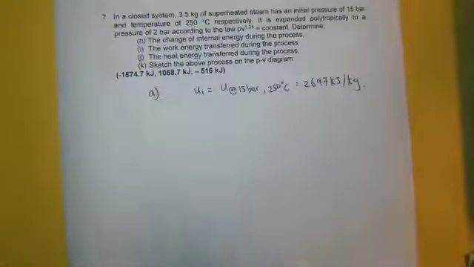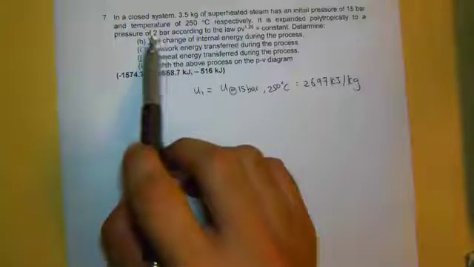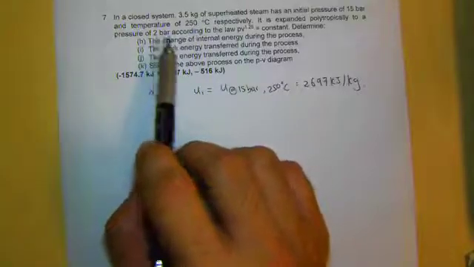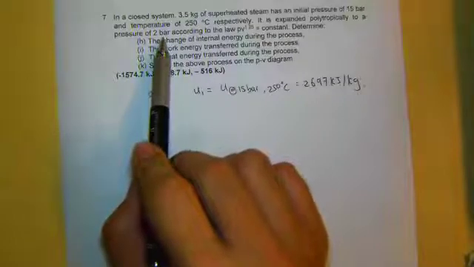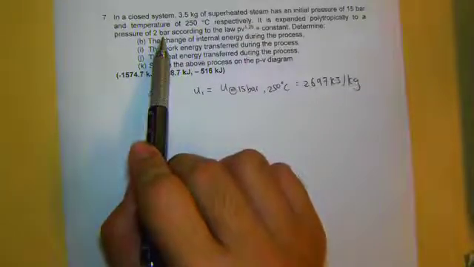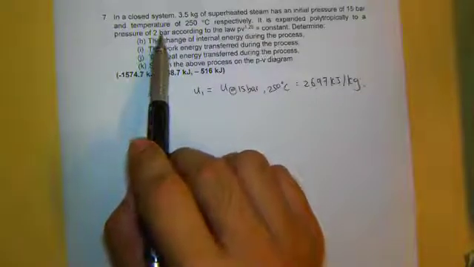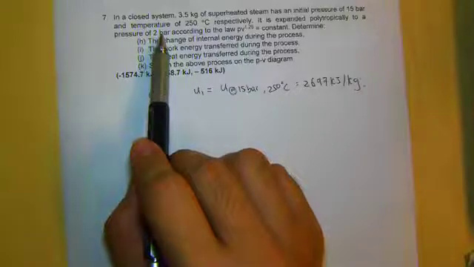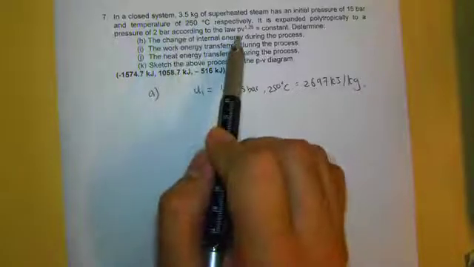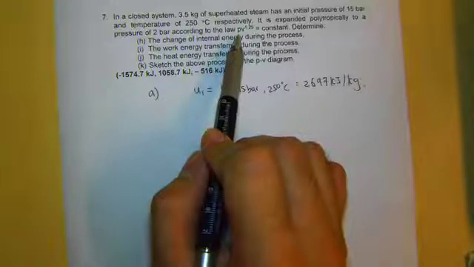Next, how about U2? How can we get U2? As of now, we only know one of the properties for state 2, which is 2 bar. As mentioned previously, we need at least 2 properties in order to fully define a state. So we need one more property, and how can we get it? Of course, it's through this polytropic relationship.